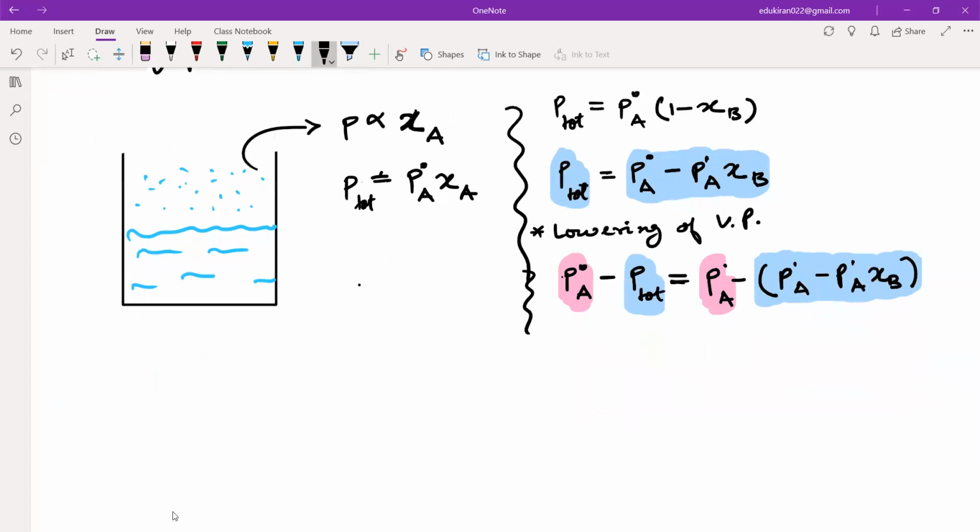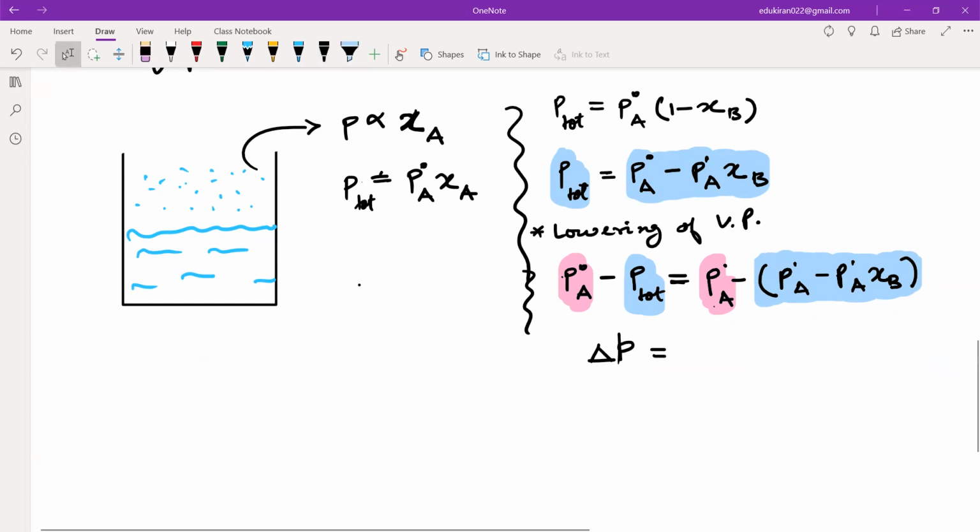We can write P naught A minus P total as delta P, the difference in pressure, which will be equal to P naught A minus P naught A. It will become what? Zero. Yes or no? Yes, sir. Correct.